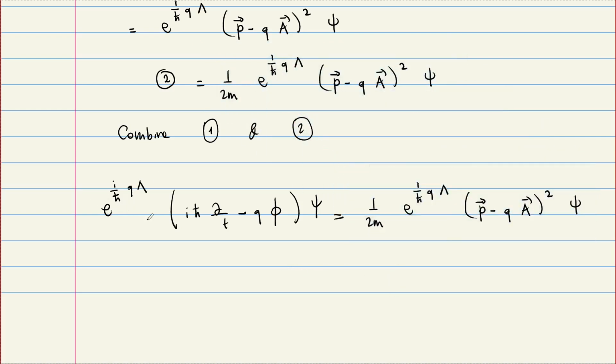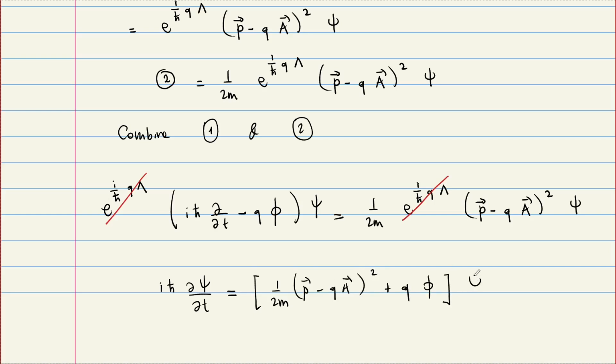And you can see these phase factors did their jobs. You can say thank you and cancel them. And now I want to move this q times phi to the other side, and this becomes i h bar del psi del t is equal to 1 over 2m p minus qa squared plus q phi psi.